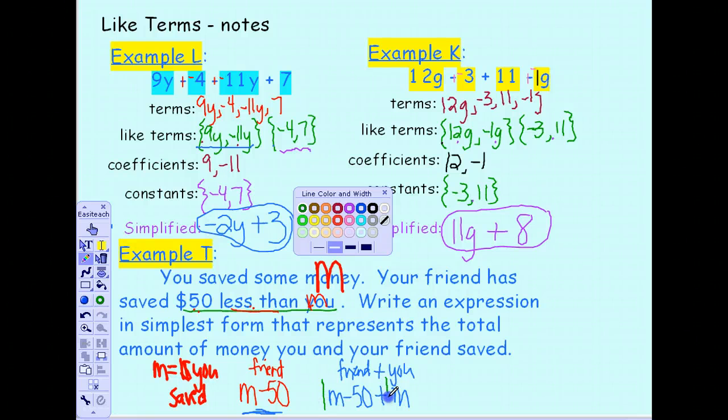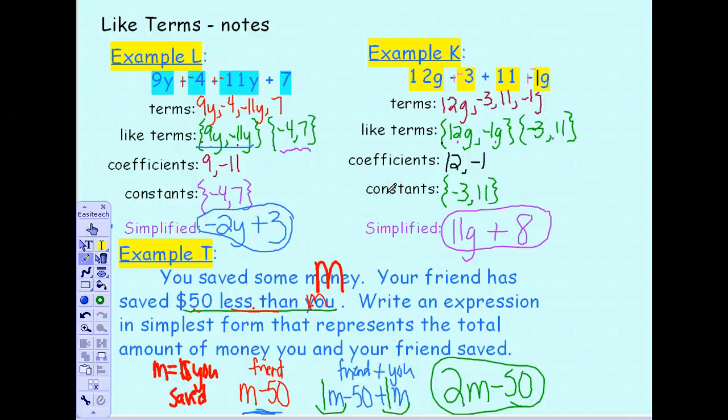This is not in simplest form because we have two variables here that are like terms. We have a 1m and a 1m. We can combine those like terms to get 2m, and then we can either write it as plus a negative 50 or 2m minus 50. Now it's in simplest form.